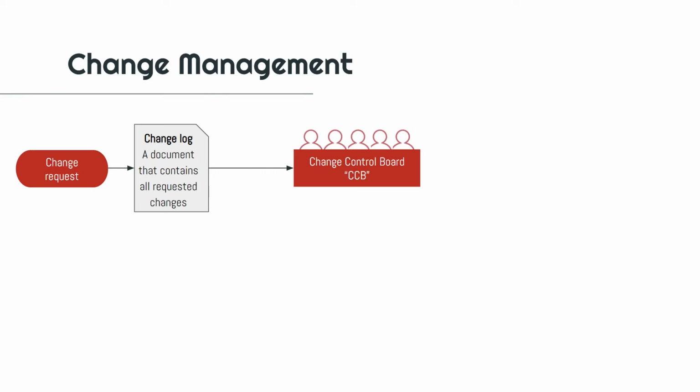That's very important. After bringing this to the CCB, the change control board, which is composed of a few members who are usually executive members and decision makers, and could also include experienced members of your team or external experts, this board is going to evaluate this change request, investigate it, and assess its impact on the scope, on the schedule, on the budget, on the different sides of the project.